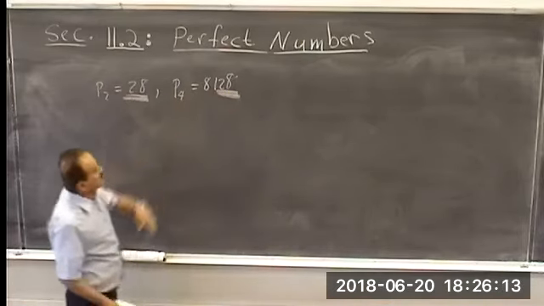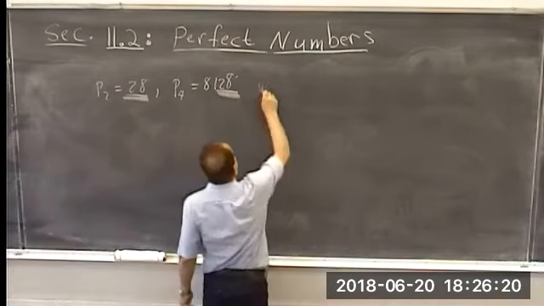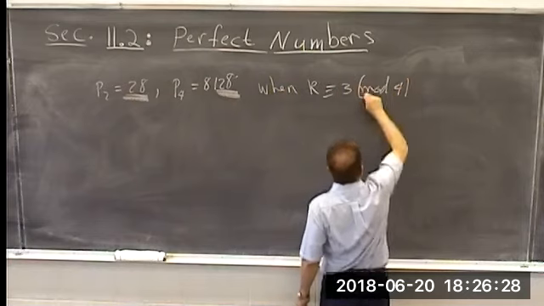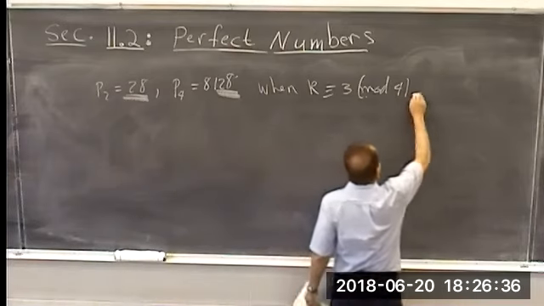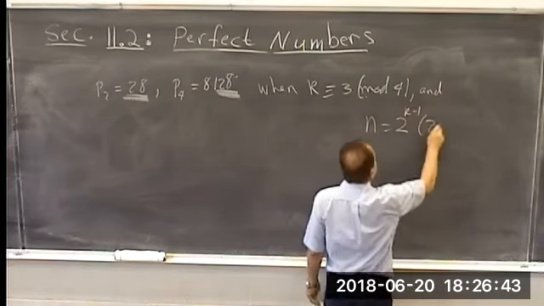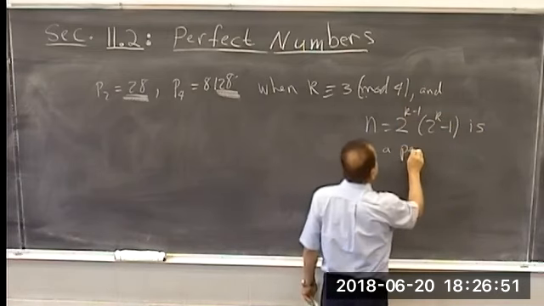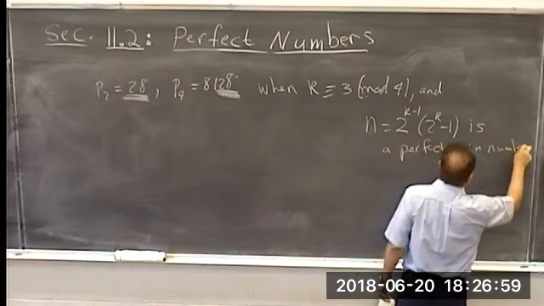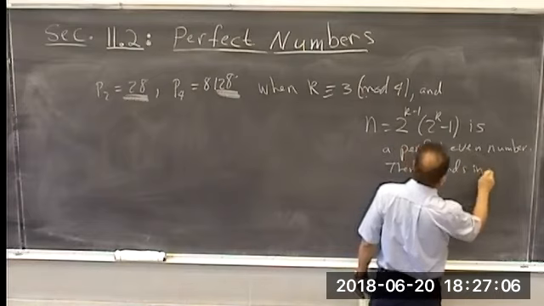So we could actually strengthen the result that we obtained by saying that when k is congruent to 3 mod 4, and n equal to 2^(k-1) times (2^k - 1) is an even perfect number, then it ends in 28.